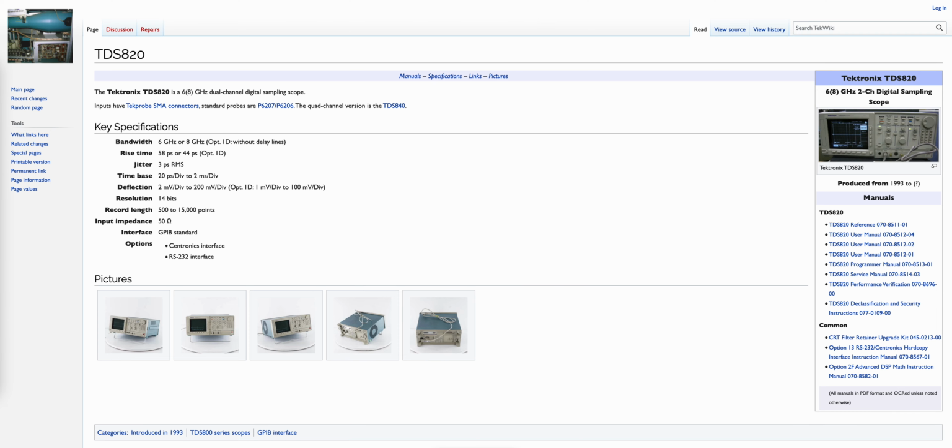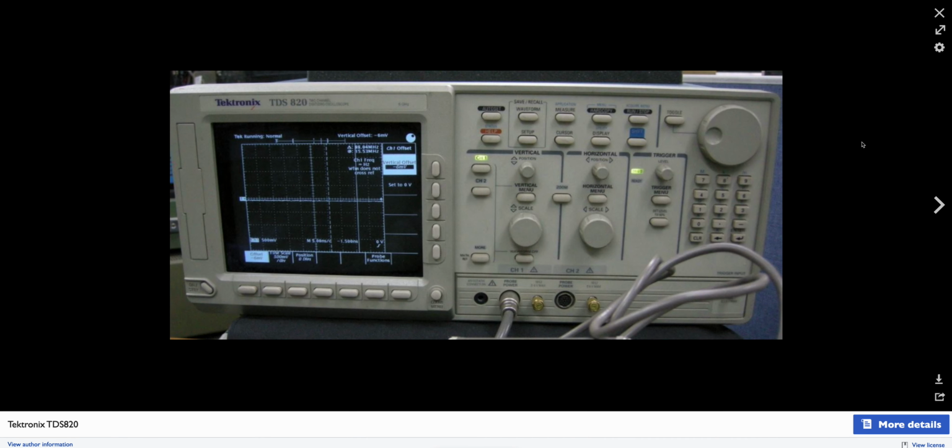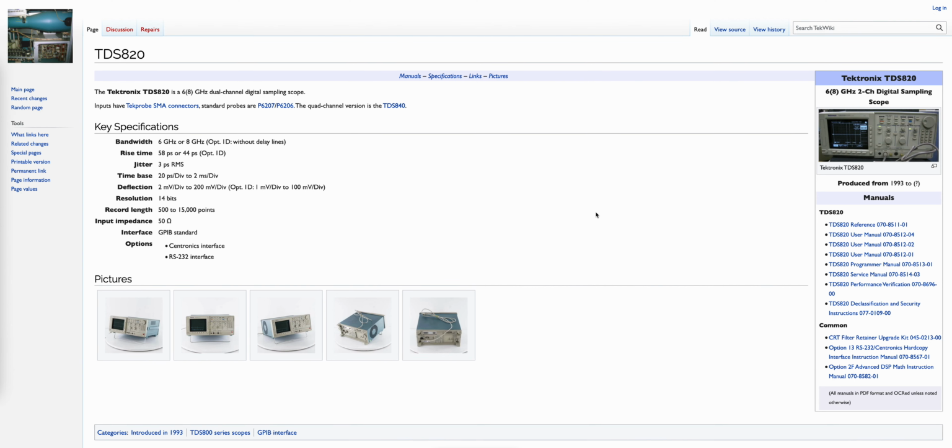Then there is this small departure, the TDS 820 and the 840. I guess here Tektronix was exploring a way to keep building those oscilloscopes, but without the additional cost of the sampling heads and what comes with them. And they decided to create this sampling oscilloscope that has no heads.